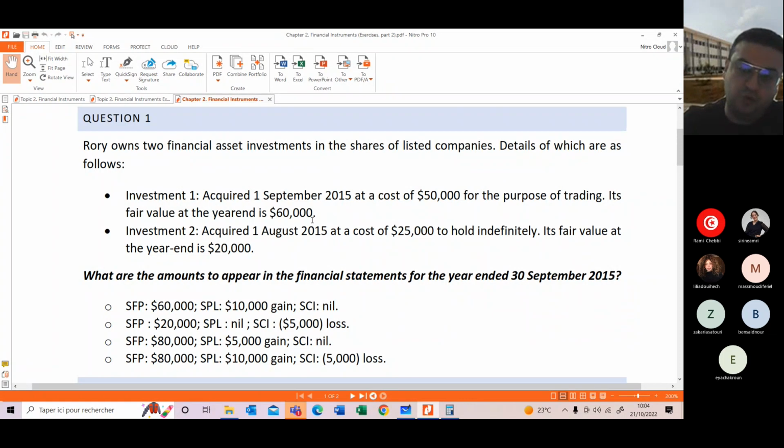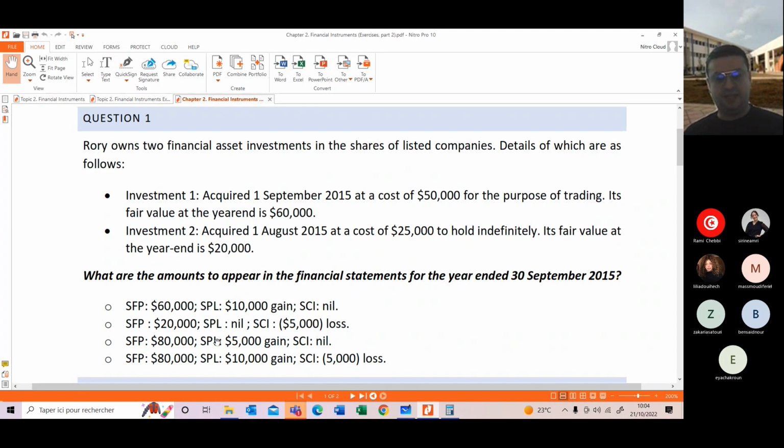And also you have to increase your revenue in the form of a gain of 10,000 to get the balance, right? So you increase the assets by 10,000, you increase the equity also by 10,000. Particularly, you go to the profit and loss. So plus 10,000 on the asset, plus 10,000 on the profit and loss.